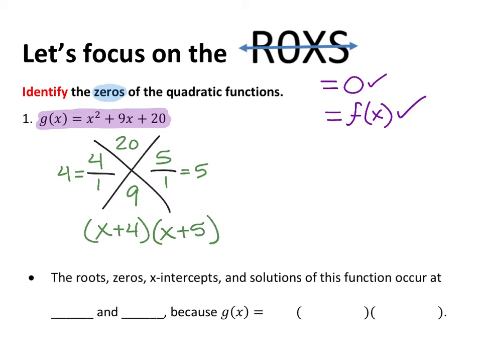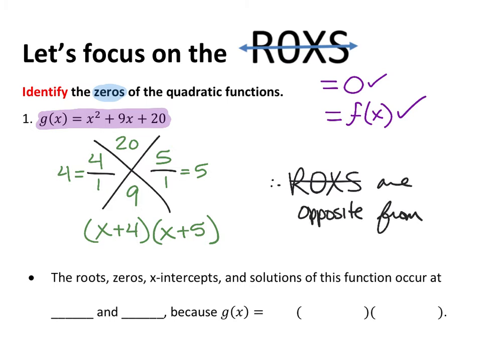But remember, the roots, zeros, x-intercepts, and the solutions are the opposites from your factored form, which now, again, we can call intercept form.